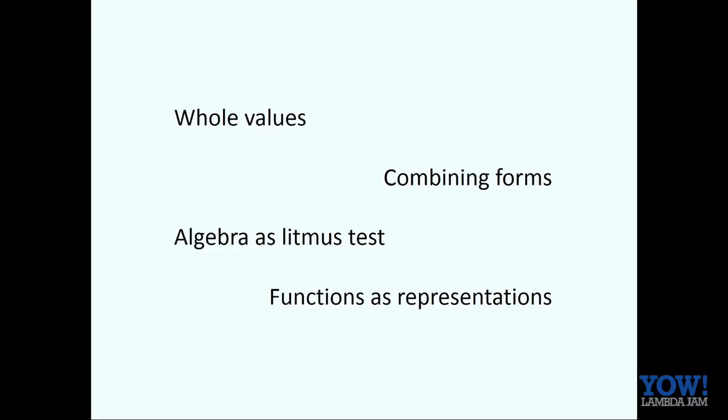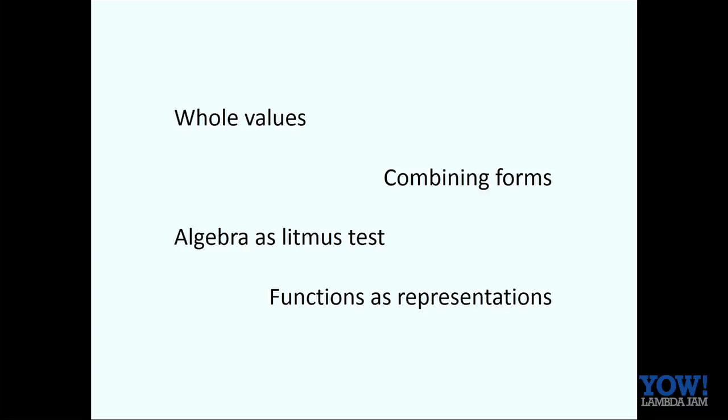So we see here important ideas in general from functional programming. Peter's programming with whole values, pictures, using combining forms like the picture operations, checking the laws they satisfy and using the algebra as a litmus test for a good design, and once again, using Church's idea of functions as representations. And those ideas come back in functional programming again and again.